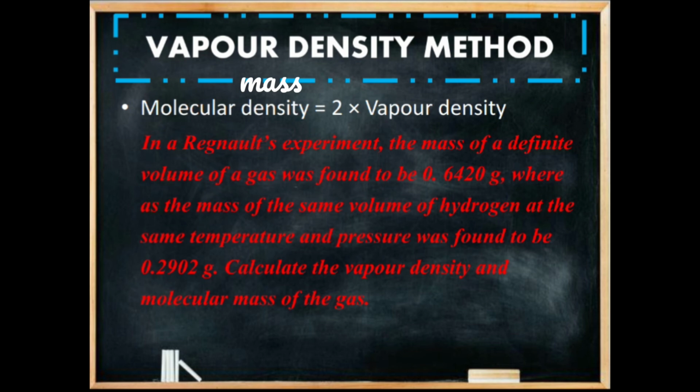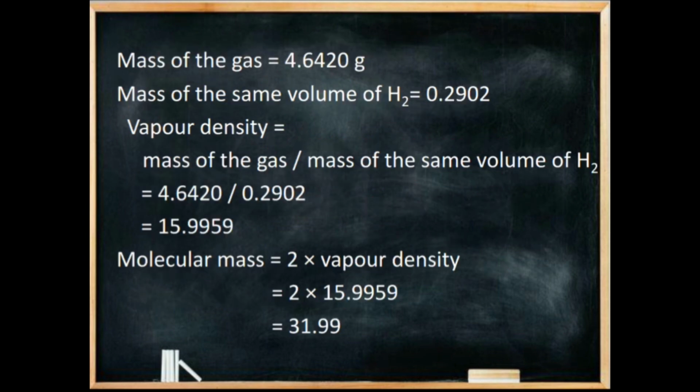So the question is, in Regnault's experiment, the mass of a definite volume of a gas was found to be 0.6420 gram, whereas the mass of the same volume of hydrogen at the same temperature and pressure was found to be 0.2902 gram. So calculate the vapor density and molecular mass of the gas. The mass given is 0.6420 gram and the mass of the same volume of H2 is 0.2902.